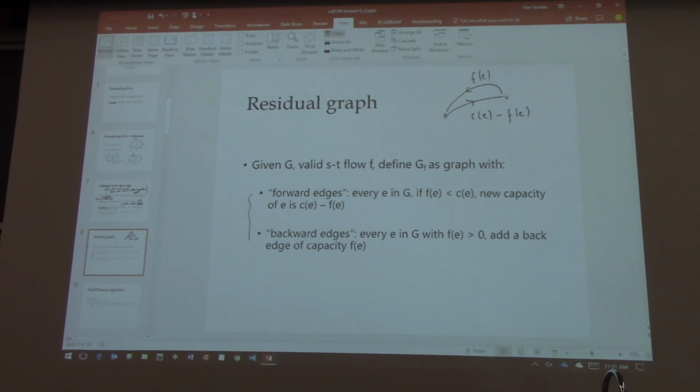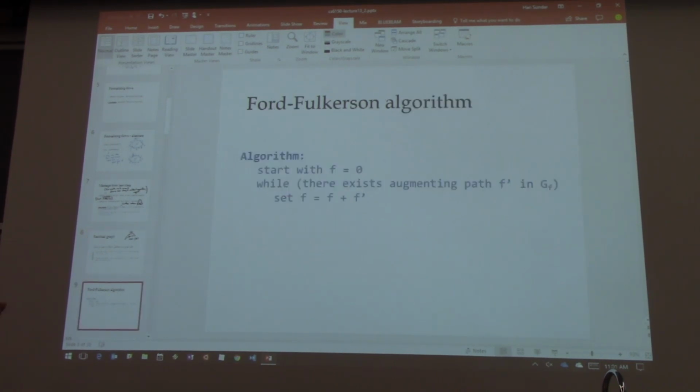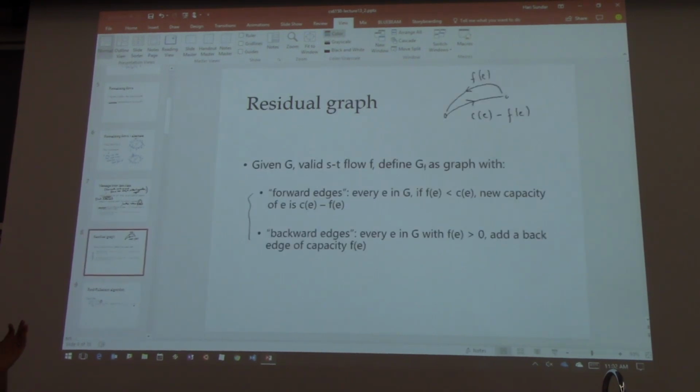Knowing this, the Ford-Fulkerson algorithm is something extremely simple. All it says is you start with the zero flow. Every step you have some flow F, and conceptually you compute G sub F, the residual graph, using the definition.